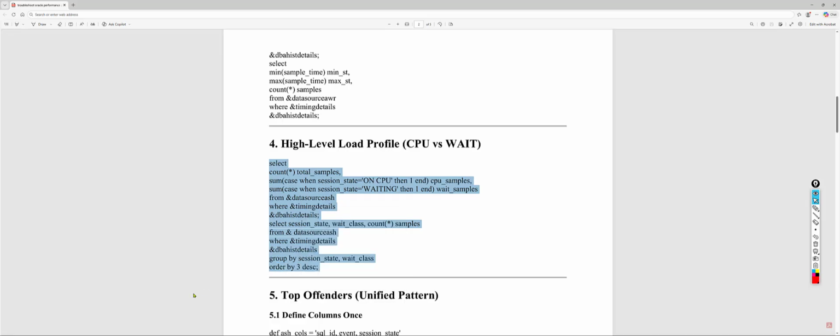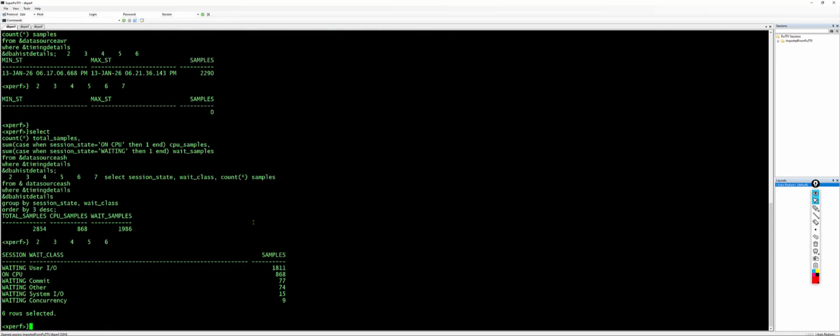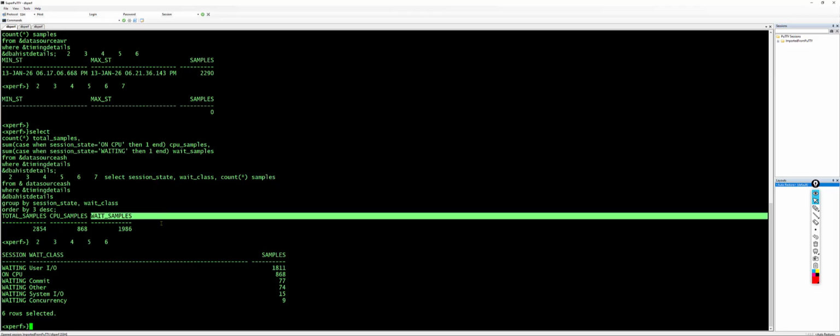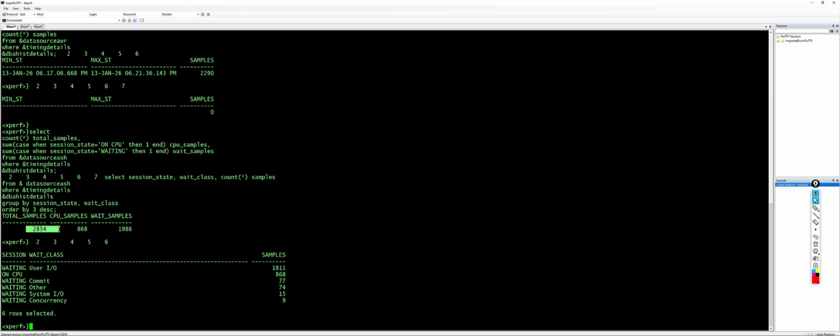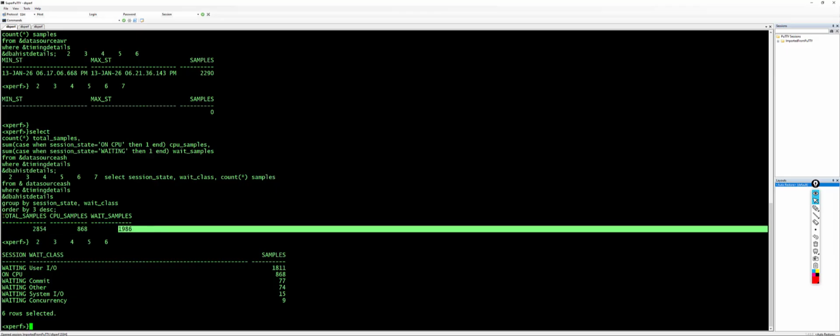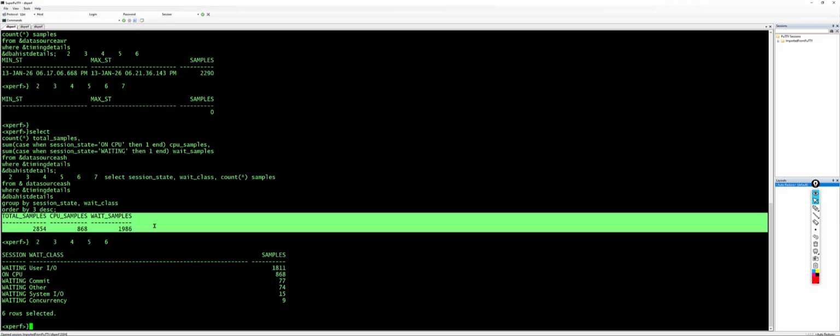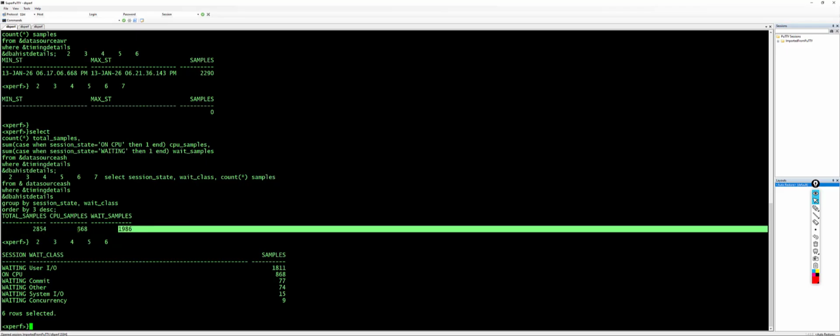Then we are going to profile the sample data with CPU and wait. The database either consumes CPU or it will wait for something, either IO or latch or locks or any other wait events. Total samples are 2800, and out of those only 868 samples are CPU and the remaining samples are waits, which indirectly gives us a hint about the ratio.